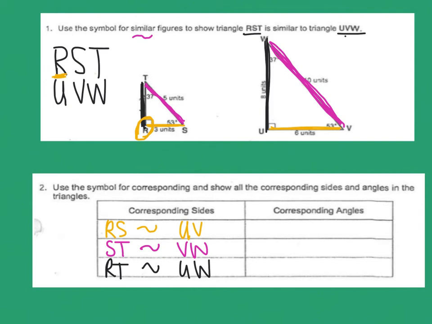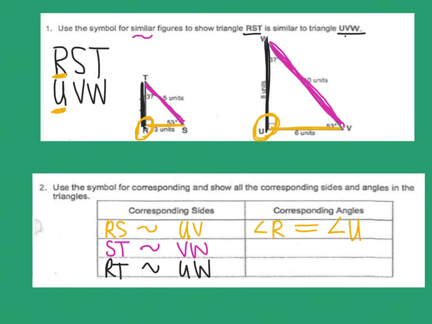When I come over and look at my big shape, U also has the right angle mark, and it's the first letter. Now these are equal, so I don't use the similar sign, I use the equal sign. R, angle R, so I'm going to put a little slanted angle line, kind of like a less than sign. That's our angle sign. Angle R is equal to angle U.